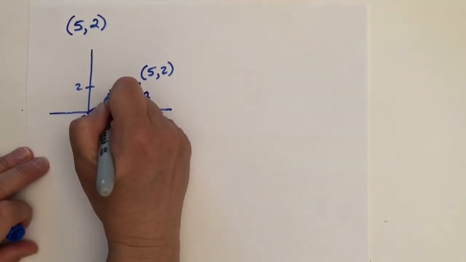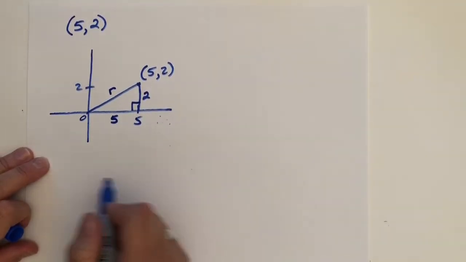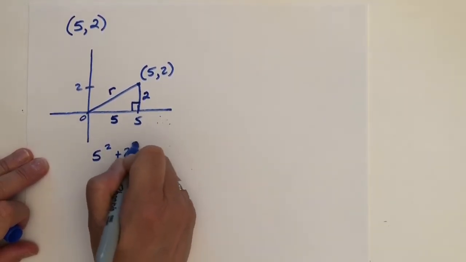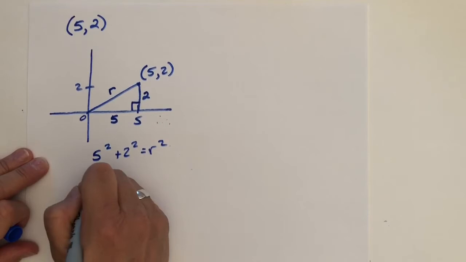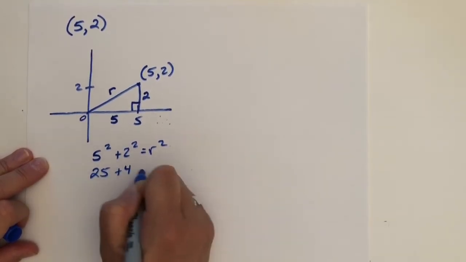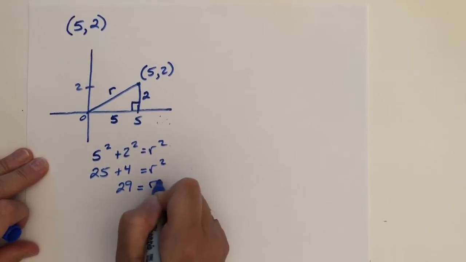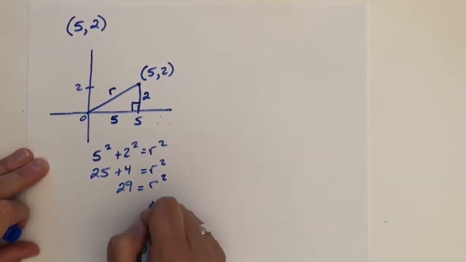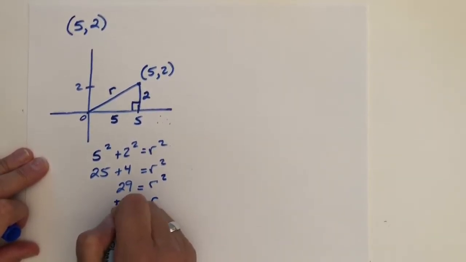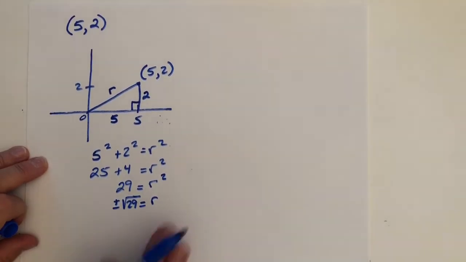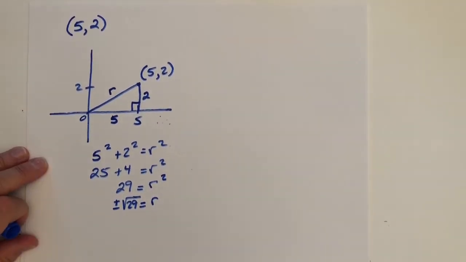So to find r, we'll just use the Pythagorean theorem. So we have 5 squared plus 2 squared equals r squared. So r squared is 29, so r could be plus or minus the square root of 29. And again, as I mentioned, I'll probably use my positive r value so that I don't have to get fancy for the problem.